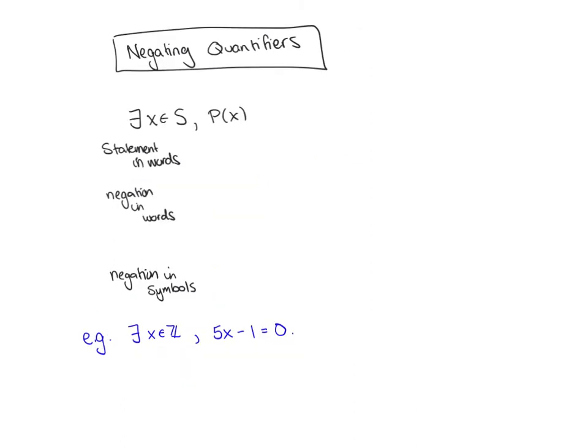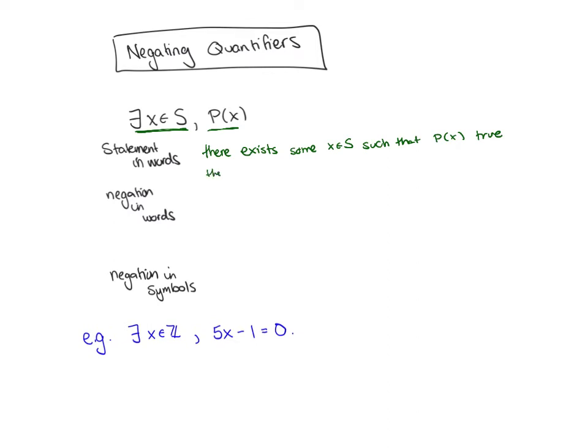Let's look now at the existential quantifier. So we have the statement, there exists some x in S such that p of x is true. Let's start to think about what it means if that's not true.